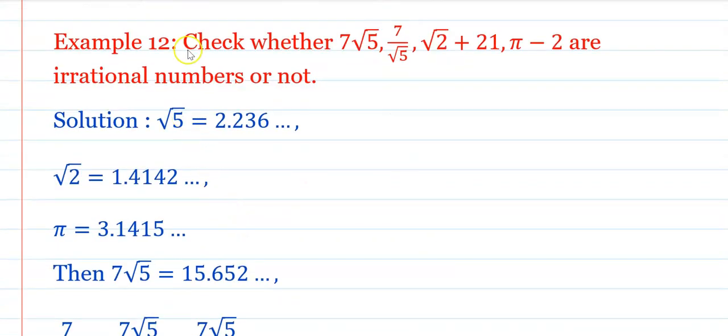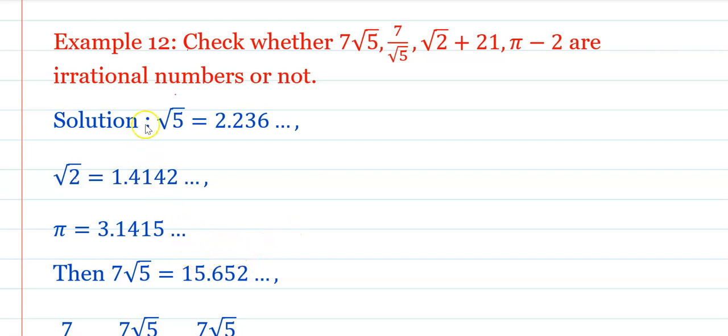Now check the next example: whether 7 root 5, 7 upon root 5, 2 plus root 2 plus 21, and pi minus 2 are irrational numbers or not. Root 5 is 2.236 and so on. Root 2 is 1.4142 and so on, non-terminating and non-recurring. Pi is 3.1415 and so on.